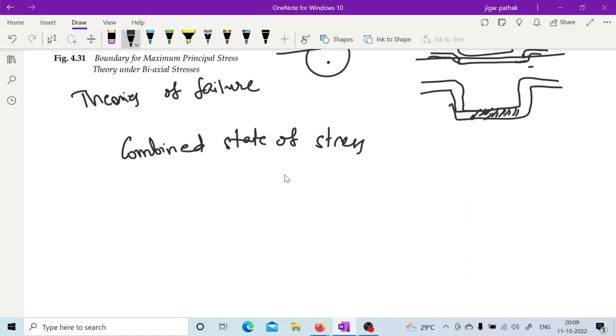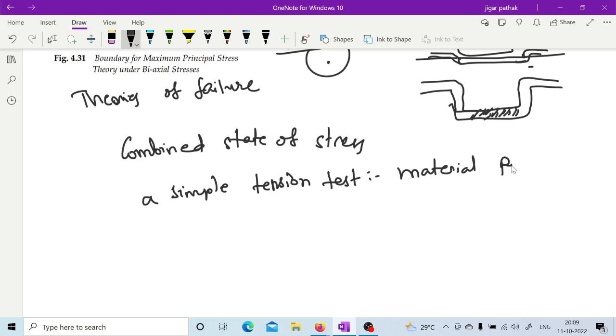So what we are doing is we are performing a simple tension test, as I have told earlier. A simple tensile test we are doing, and then we are defining material properties from that tensile test.